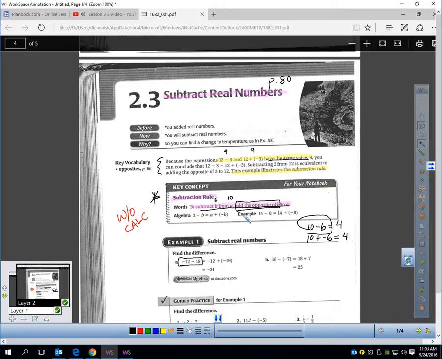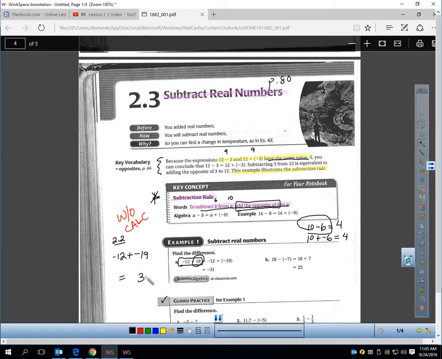Let's follow this rule for this problem. Negative 12 minus 19. Instead of subtracting, I'm going to take negative 12 and follow the rule. I'm going to add the opposite of 19, which is negative 19. Well, this should be easy, and this is lesson 2.2 material now. I got the same sign, so I'll forget the sign for a minute. 12 plus 19 is 31, and since these both were negative, I'll put a negative in front.